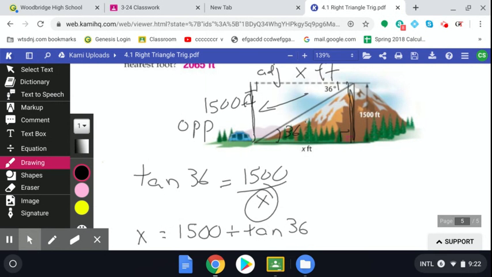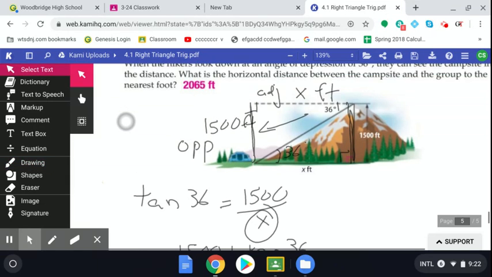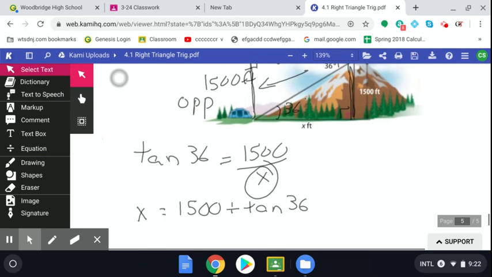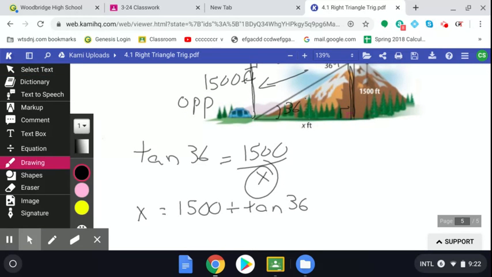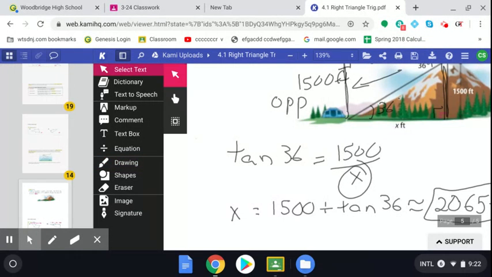And in this case, I am going to use just regular trig because I'm looking for the side. So when you solve for this, you should get this answer, which is 2065 feet. So about 2065 feet. That's for angle of elevation and depression.